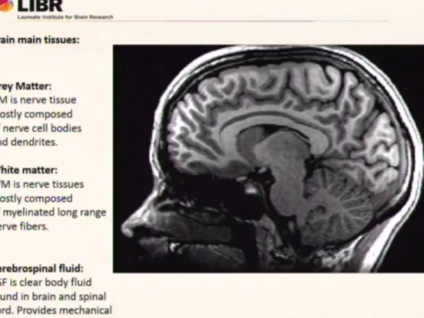And gray matter is nerve tissue, mostly composed of the nerve cell bodies and dendrites. So mostly neurons are packed there. And we also have white matter. So this is like white stuff here. You don't really see too much structure within the white matter. But white matter is also nerve tissue, mostly composed of long-range nerve fibers.